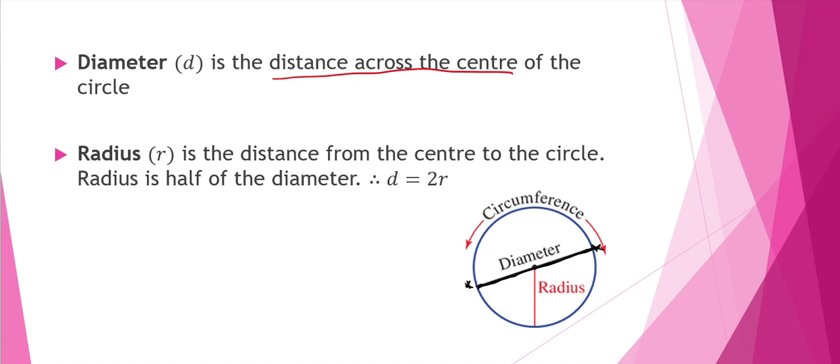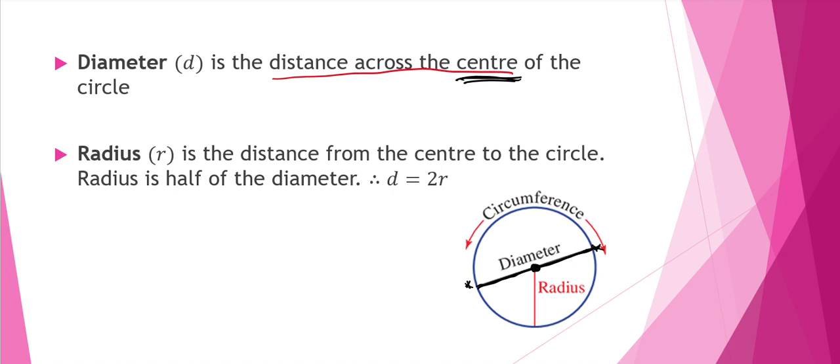But the main point is that it must cut the center, okay? It must reach this point right here that I'm going to circle. It doesn't matter which direction the line is, it must go through that point within the circle, okay? So that's all diameter is.